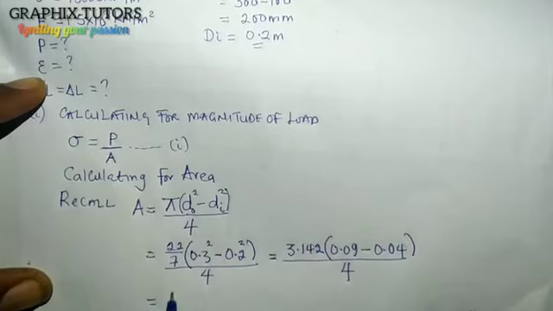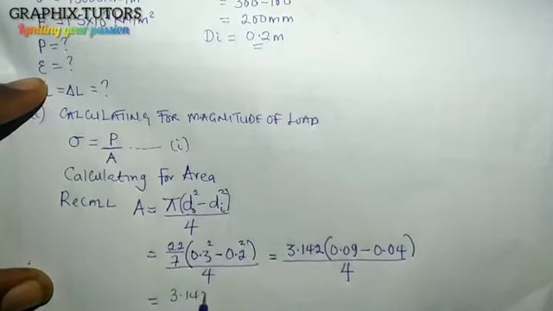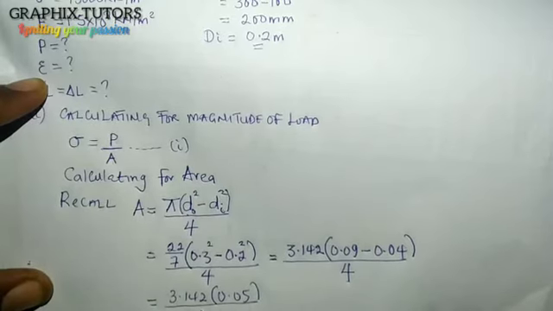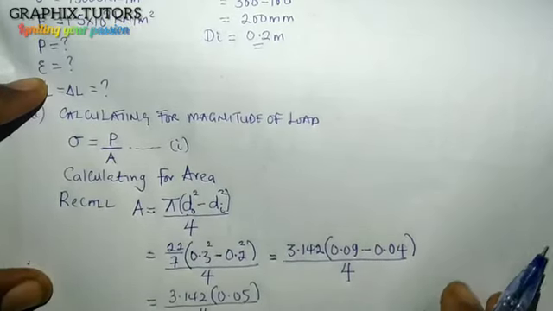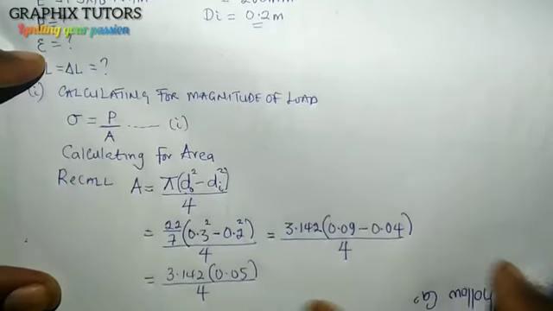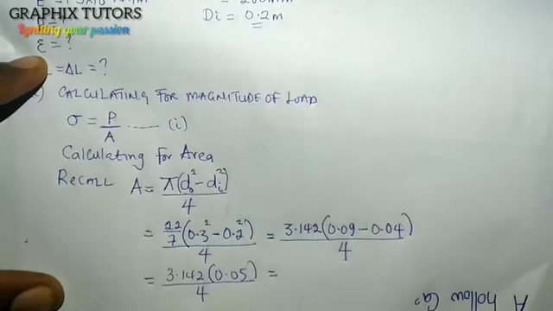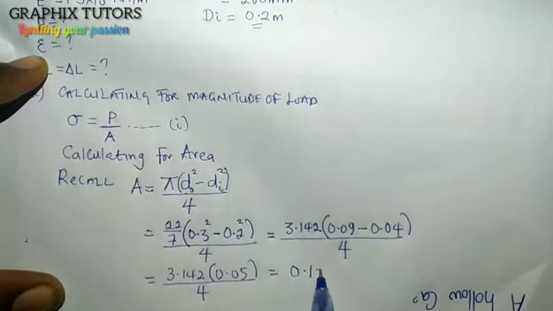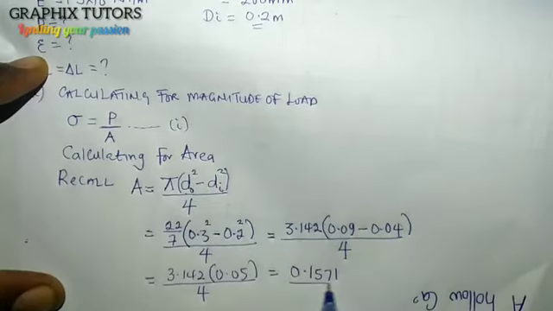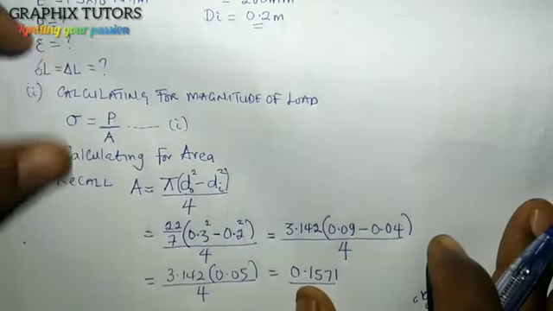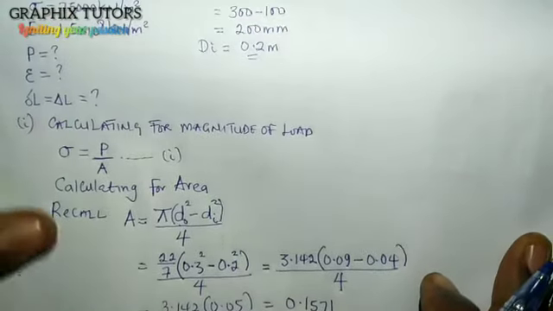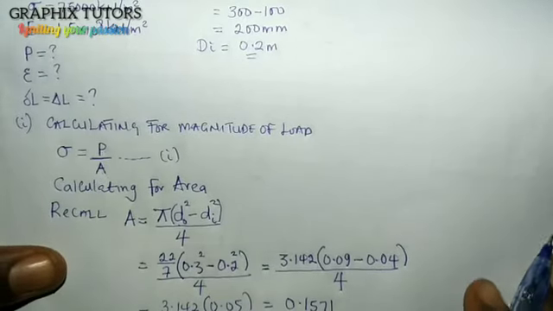So this will give me 3.142 into bracket 0.05 all over 4. If I multiply it together, we have 0.1571 over 4.